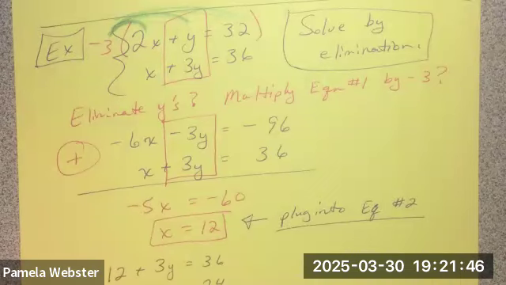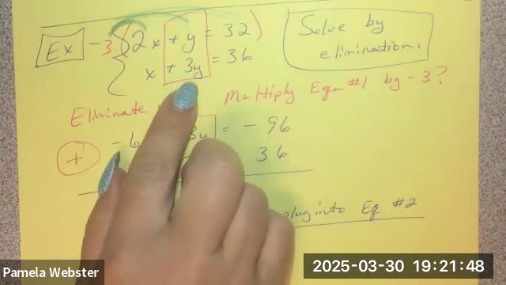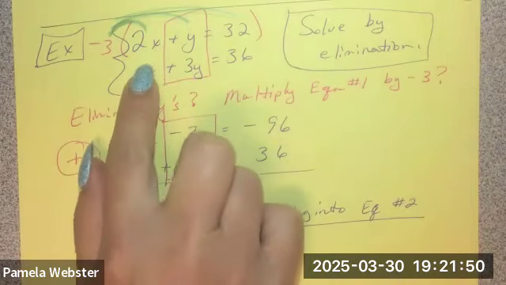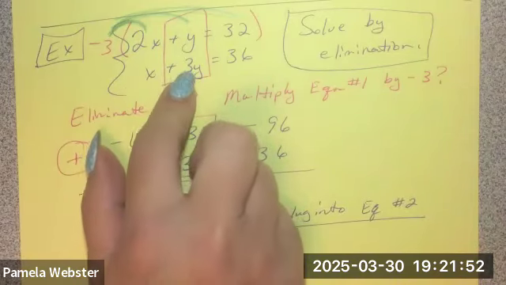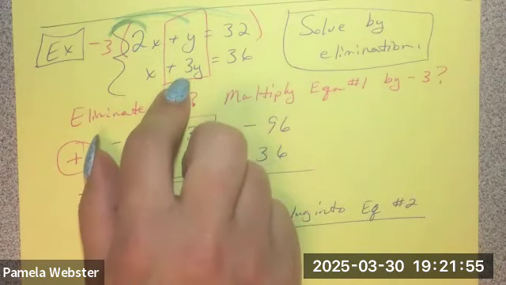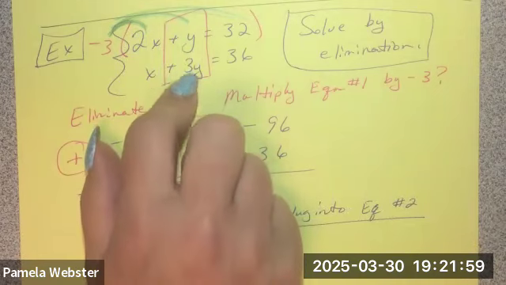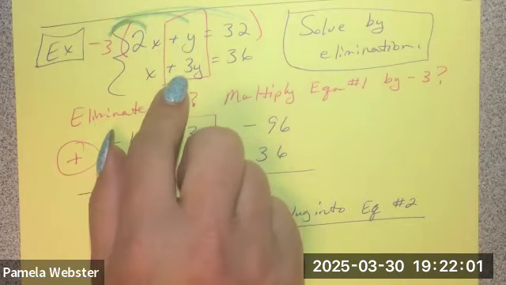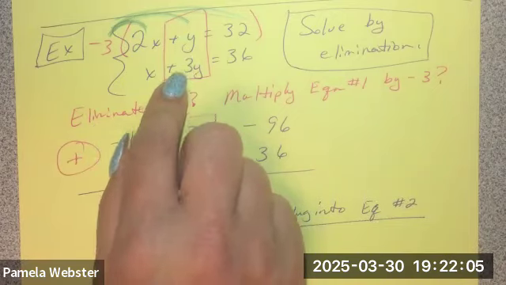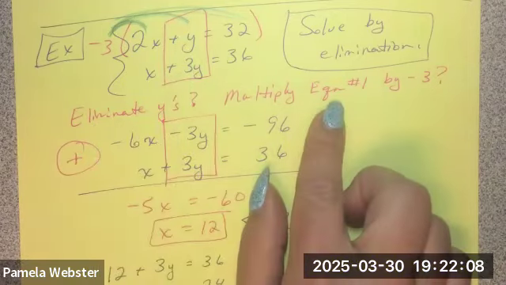All right. This one's a little bit more in depth than the last one because when I go to eliminate either the x's or the y's, neither one has one positive, one negative. Both the x and the y, all 4 of those are positive. So I just chose to go ahead and eliminate the y value because that's what I'm used to. So when I eliminate the y's, what do I need to do?